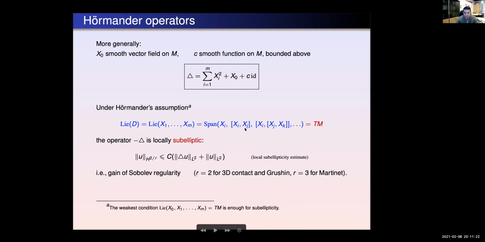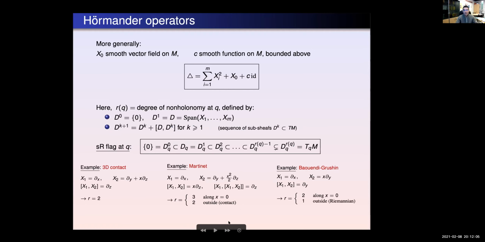This is also known as the Lie algebra generating condition. Under this well-known assumption, Hörmander proved a long time ago in the 60s that this kind of operator is locally subelliptic. I mean, you have local subelliptic estimates saying that you have a gain of Sobolev regularity, a gain which is 2 divided by r. We will see what is r in general. For instance, r equals 2 for the 3D contact case, also for the Grushin case, and r equals 3 for the Martinet case.